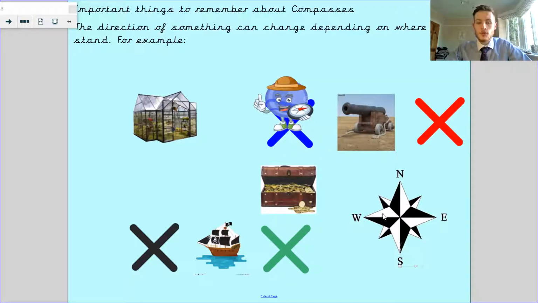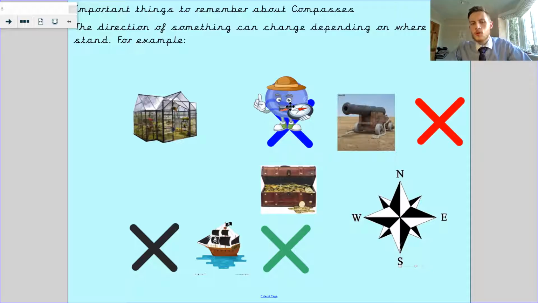Using our compass, it's going in this direction. Which way is that pointing? It's pointing to the W. So the greenhouse is west of the little world man.